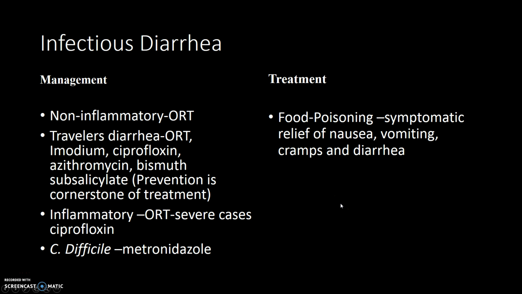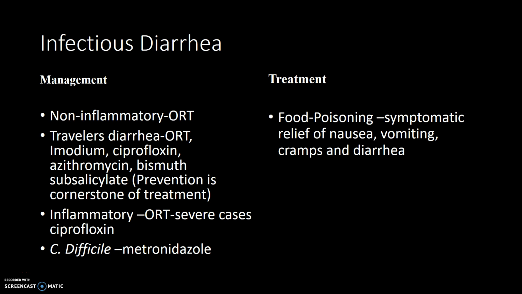So how do we manage infectious diarrhea? Non-inflammatory with oral rehydration therapy. Traveler's diarrhea, oral rehydration therapy, Imodium, at times ciprofloxacin, azithromycin. We do use bismuth that has a non-diarrheal and an antibiotic property. That's Pepto-Bismol, but prevention is cornerstone of treatment.